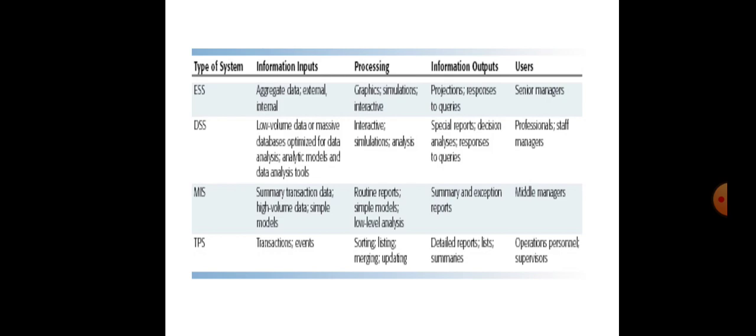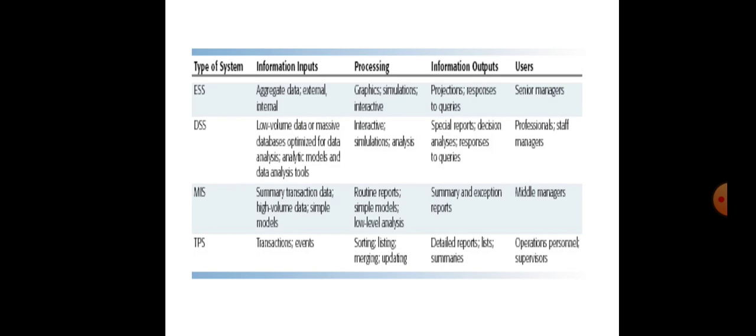Based on some parameters they can be differentiated: the type of information inputs, processing, the information output generated, and the end users. Coming to the first one, ESS, the Executive Support System.